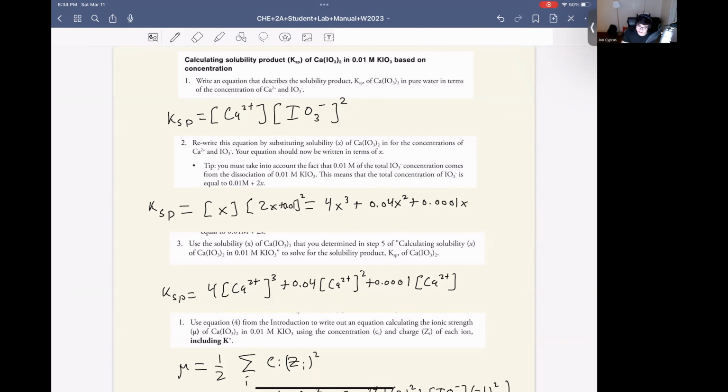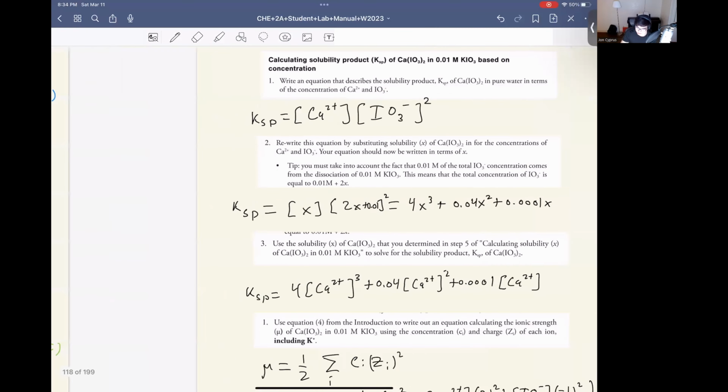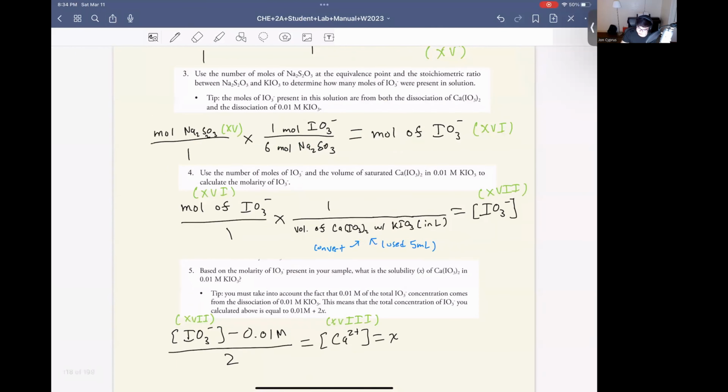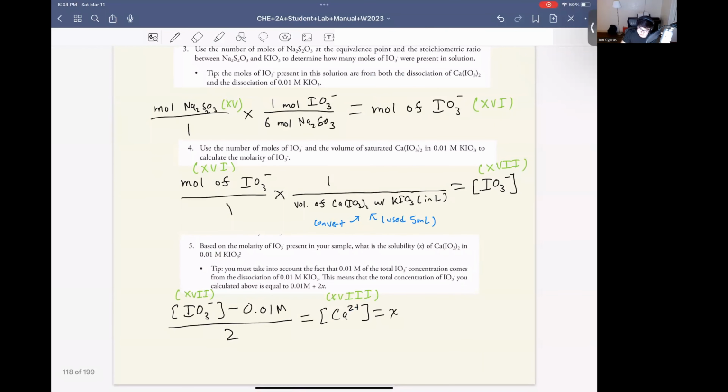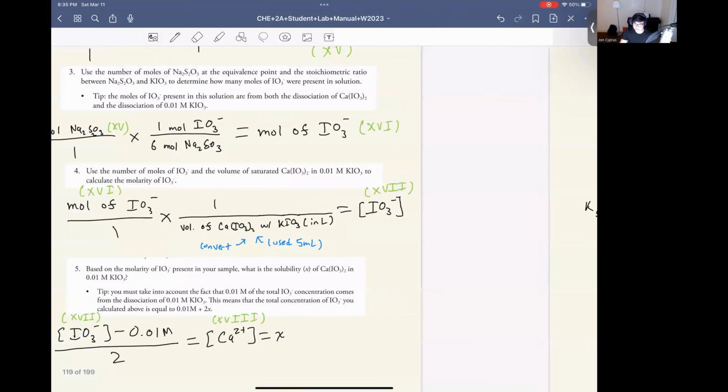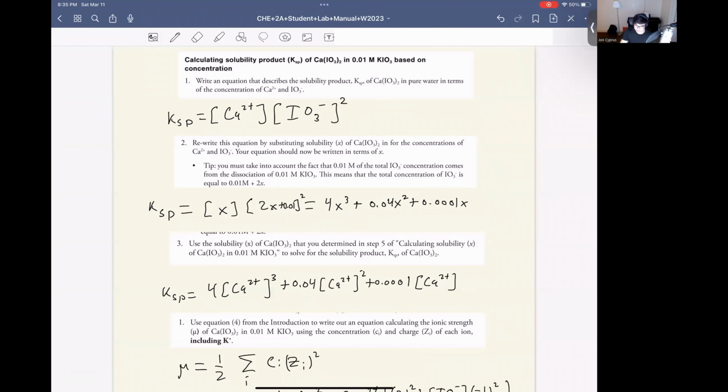I made a little bit of a mess up here. So you're going to use the entire concentration of the iodate, right? Not just the iodate from the calcium iodate, kind of what you get on this top portion. You're going to use the concentration in the solution.